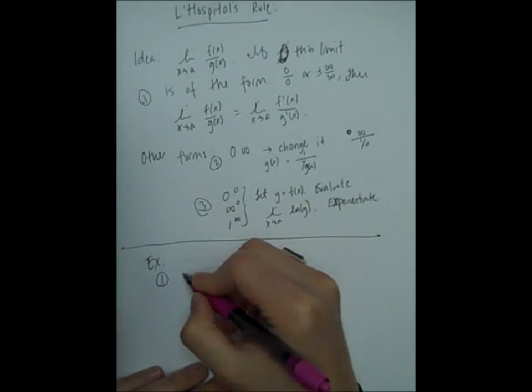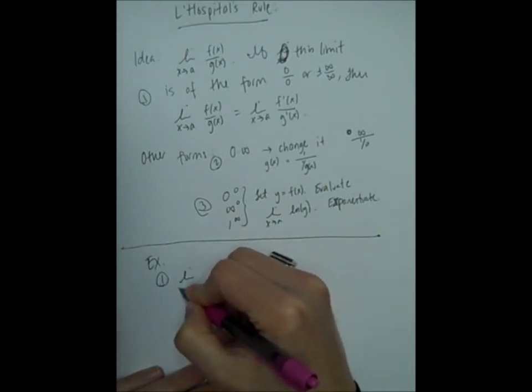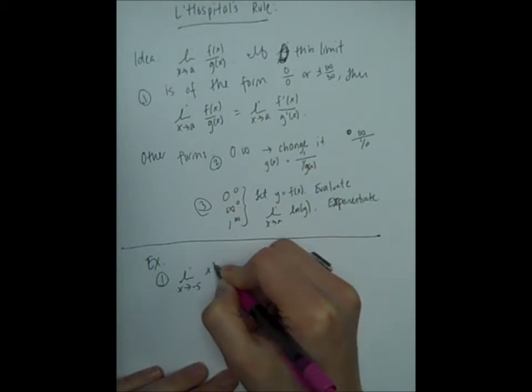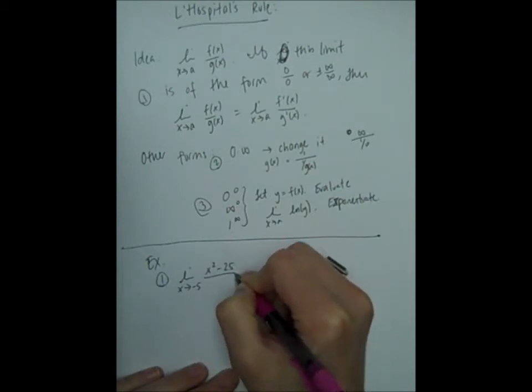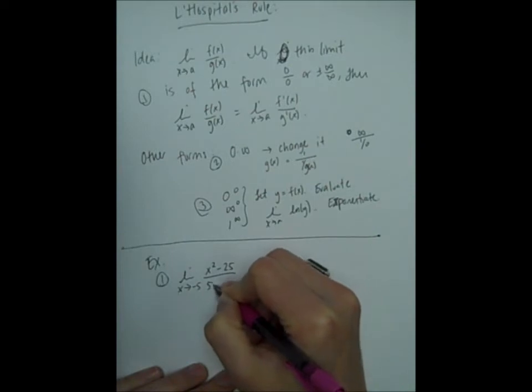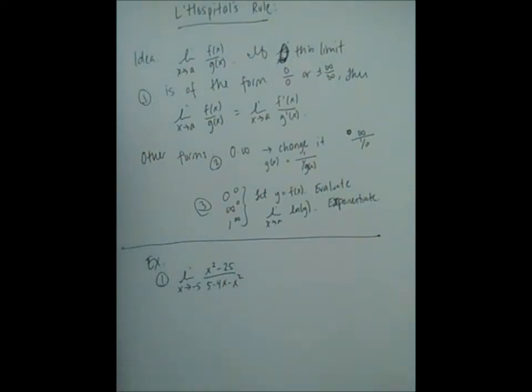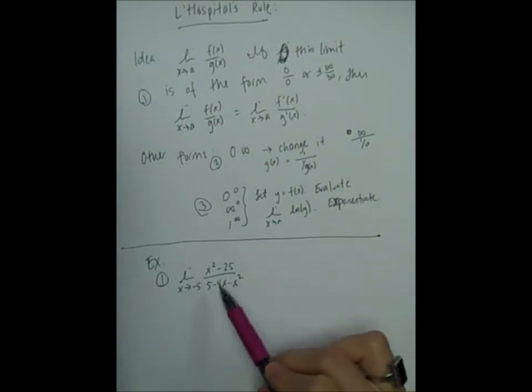Example 1. Let's evaluate the limit as x approaches negative 5 of x squared minus 25 over 5 minus 4x minus x squared. Now let's ask ourselves, what's the form of this limit?